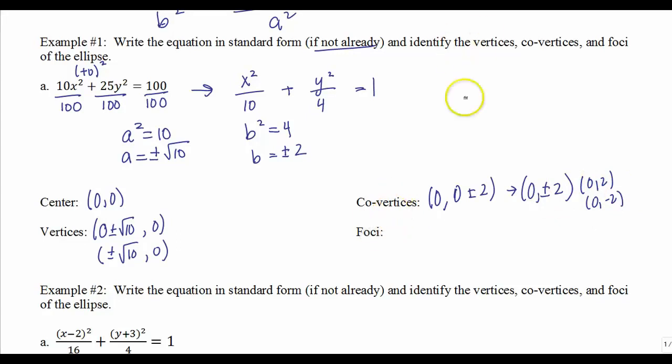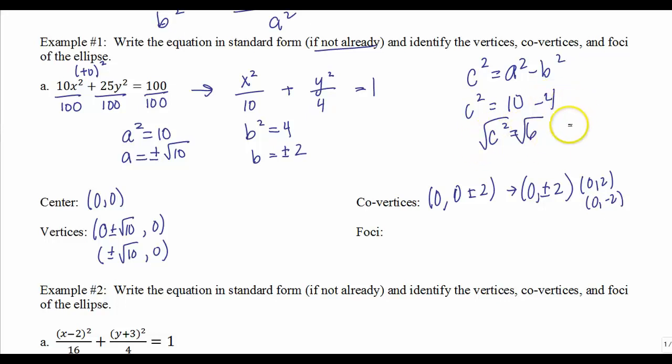And then for the foci, I know I've got c^2 = a^2 - b^2. So c^2 = 10 - 4, so c^2 = 6. Square root that, I've got plus or minus square root 6. And your foci always go with your vertices.